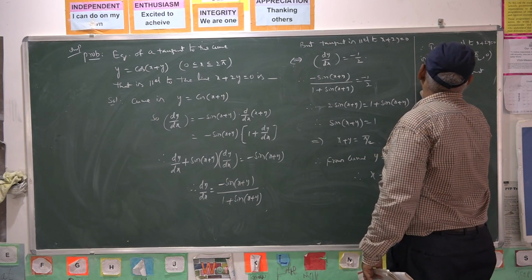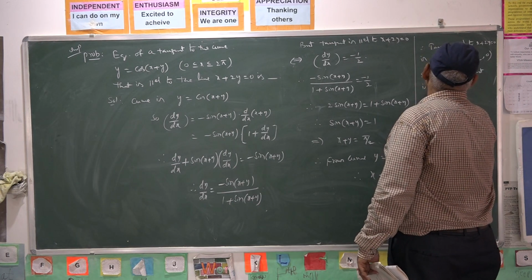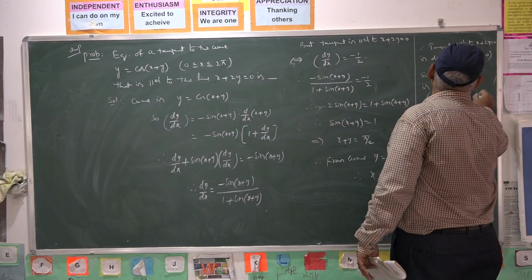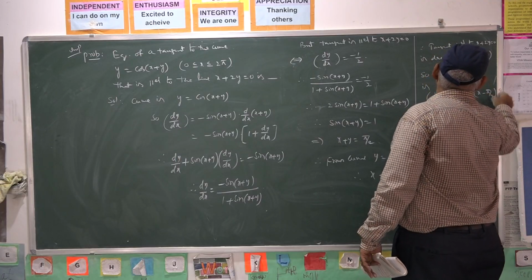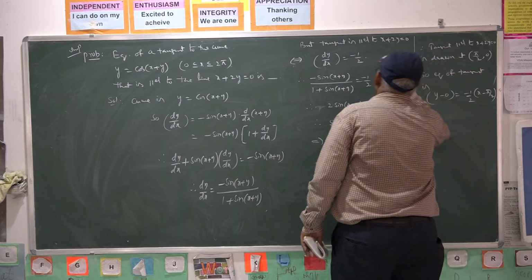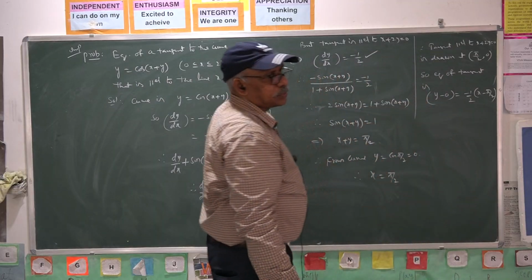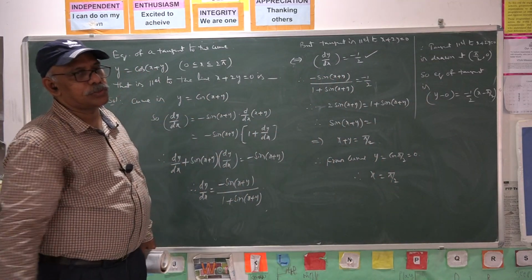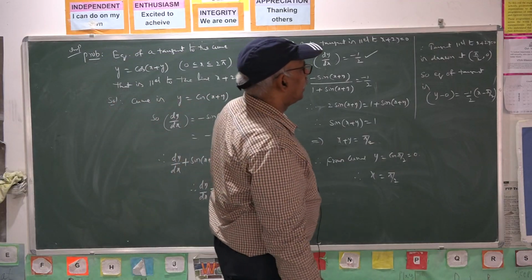to the curve is y minus 0 equal to slope minus 1 by 2 into x minus pi by 2. Since it is parallel to the line x plus 2y equal to 0, the slope is minus half.